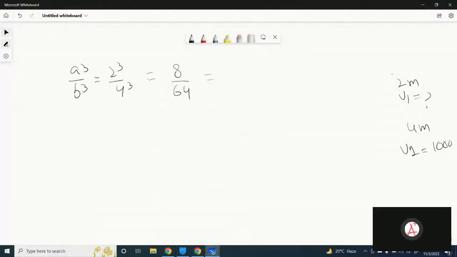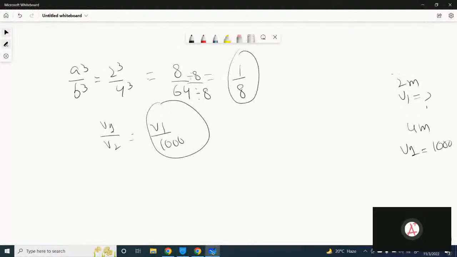You can divide both by 8, so it would be 1 over 8. Now form a proportion between their volumes and equate the two ratios: 1 over 8 equals V1 over 1000.